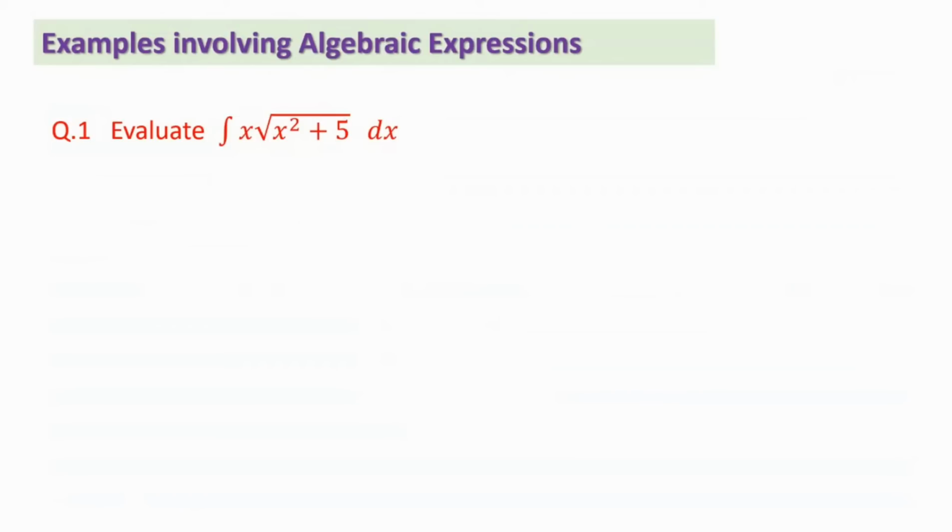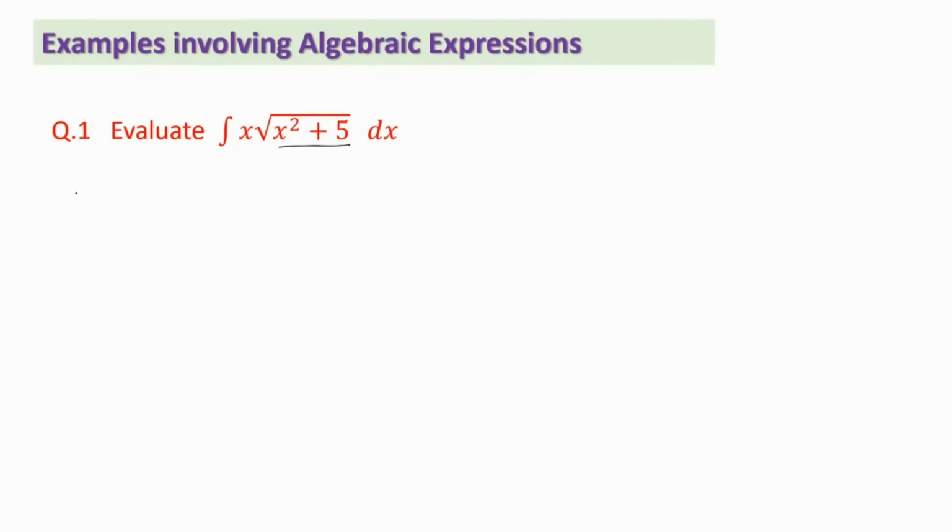Now we know the antiderivative of the square root of x, but here the expression is x squared plus 5, so we don't know any antiderivative of the square root of x squared plus 5. Therefore we will try to reduce that problem and adjust it in other parts.